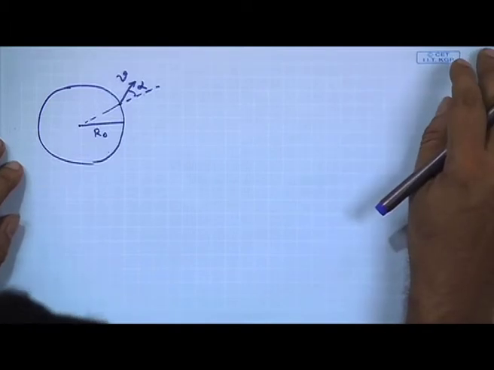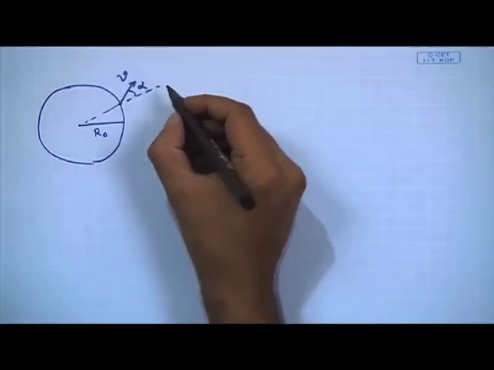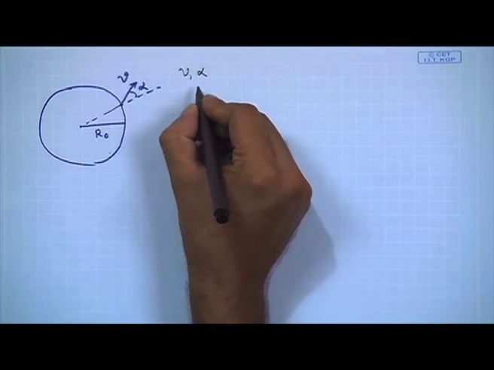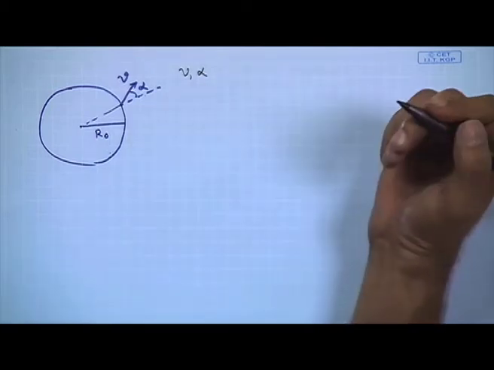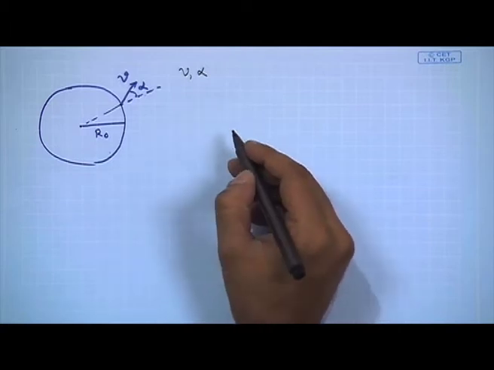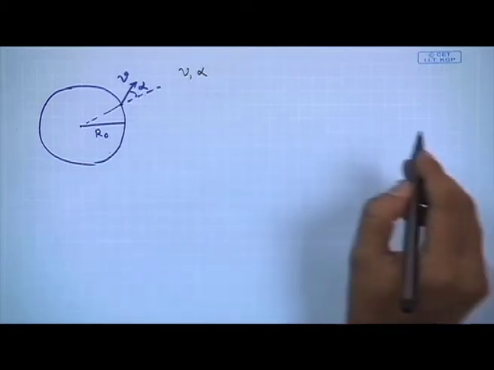Now, in this chapter and in this discussion, we will try to find different conditions on this v and alpha, which will lead to different types of orbit, namely the circular orbit, the parabolic orbit, elliptical orbit and hyperbolic orbit.